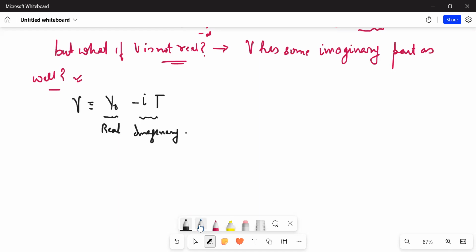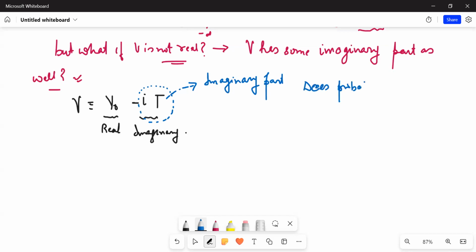Now the question arises: if this is the scenario, does probability remain conserved? This is one of the questions that we are going to address.